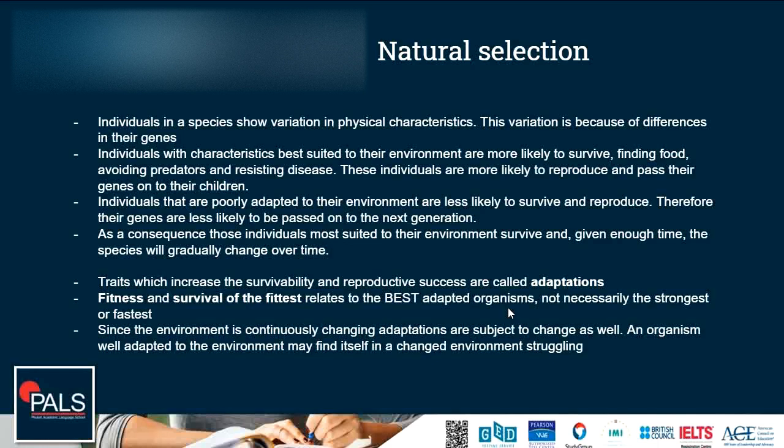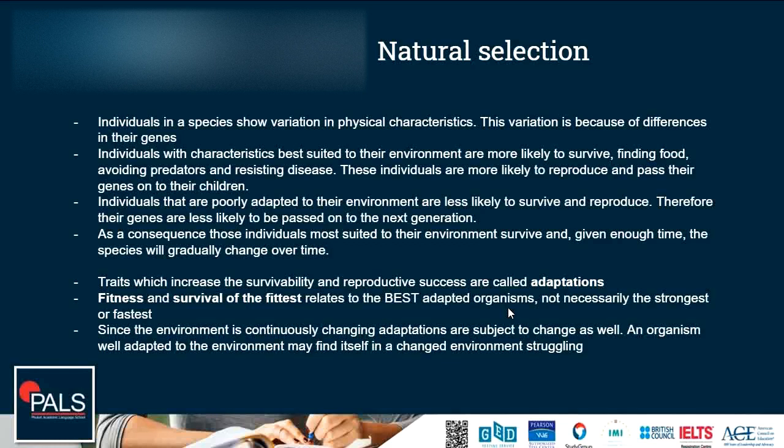First of all, individuals in a species, as we already said, show variation in their physical characteristics. Sometimes new variations may pop up, which are mutations in genes leading to new alleles. This variation is because of differences in genes. Now, individuals with characteristics that are best suited to their environment are more likely to survive.